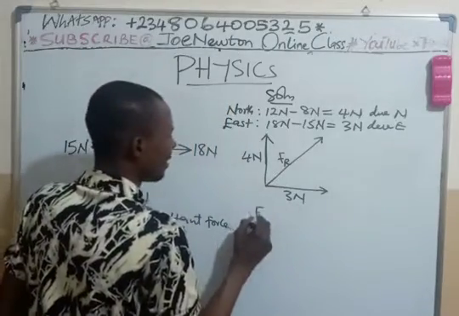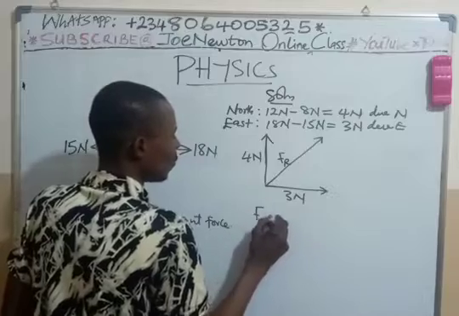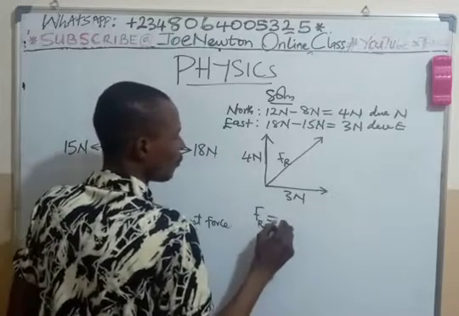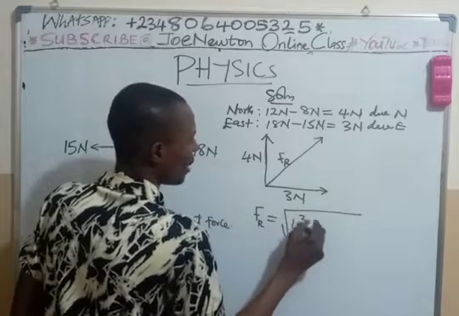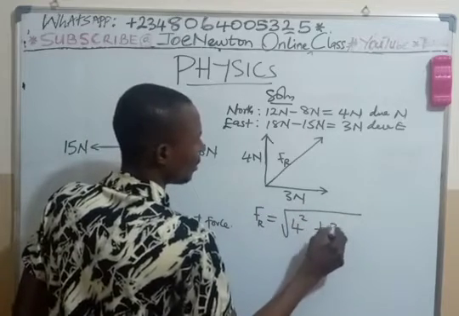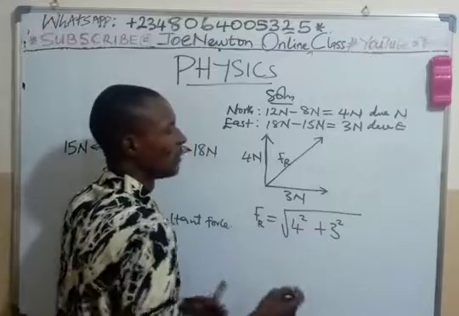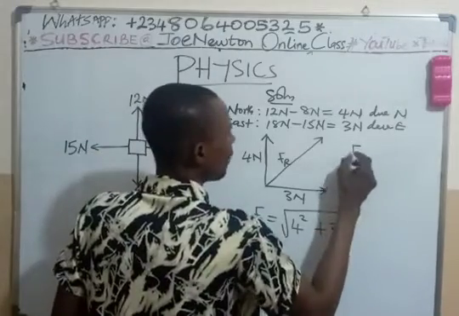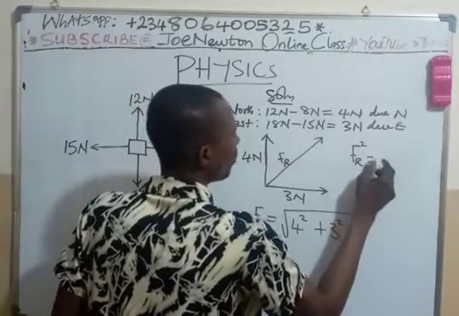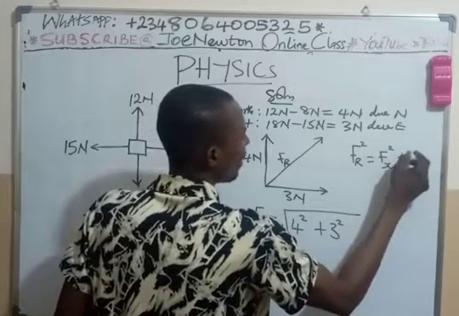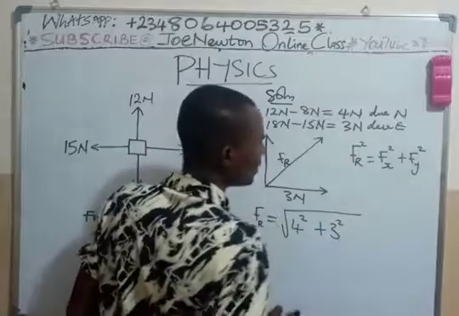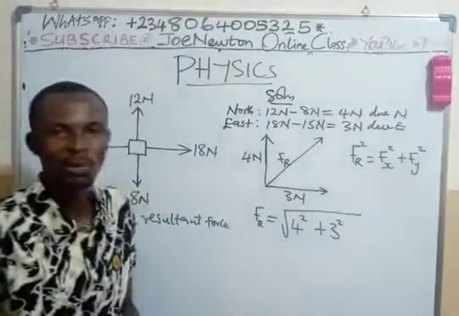F resultant will be equal to the square root of 4 squared plus 3 squared. Of course, we obtain this because F resultant squared is equal to F in the x direction squared plus F in the y direction squared, from Pythagoras rule.